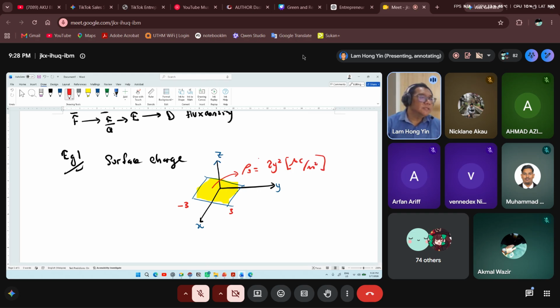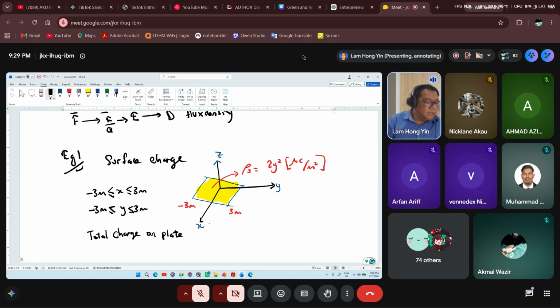Right. These are the things that are given to you. A square plate in the xy plane is situated in the space defined by -3 meter to 3 meter in x, and -3 meter to 3 meter in y. The question asks you to find the total charge on the plate.